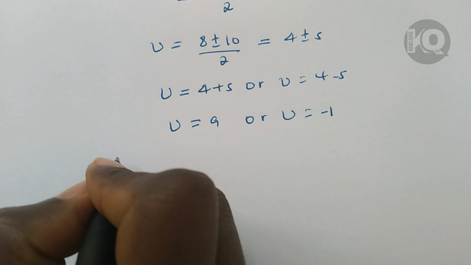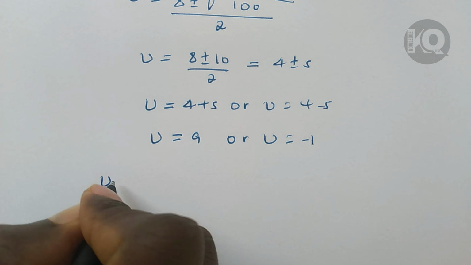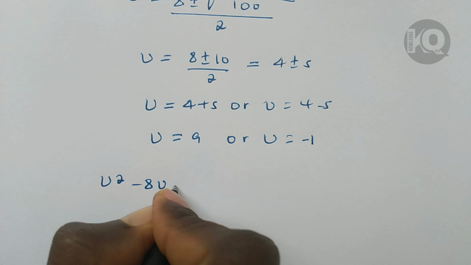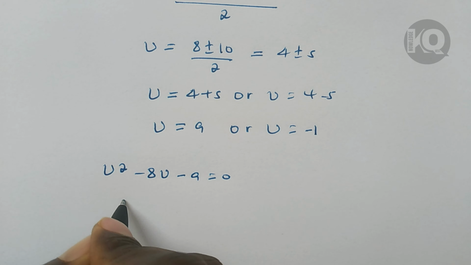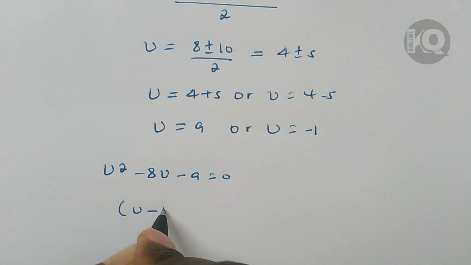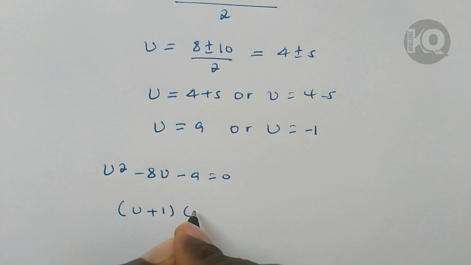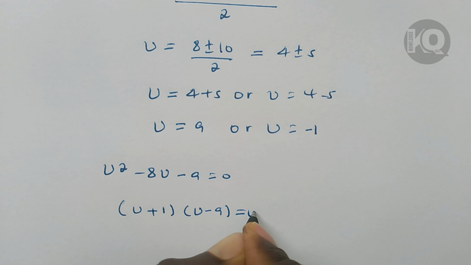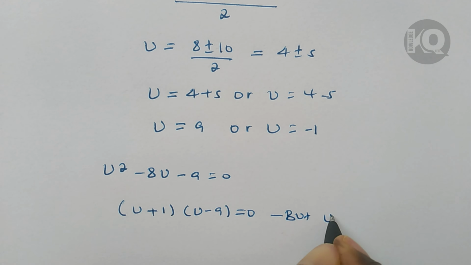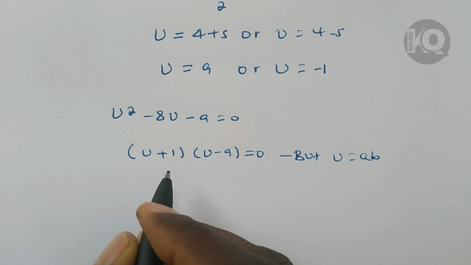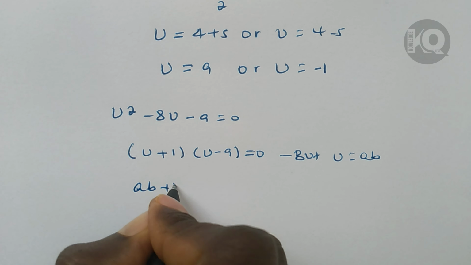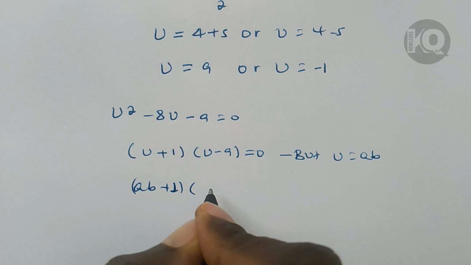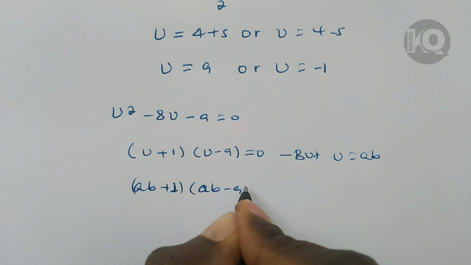So this equation, u squared minus 8u minus 9 is equal to 0, is the same as (u plus 1)(u minus 9) equal to 0. But u is equal to a times b. So substitute ab here: (ab plus 1) times (ab minus 9) is equal to 0.